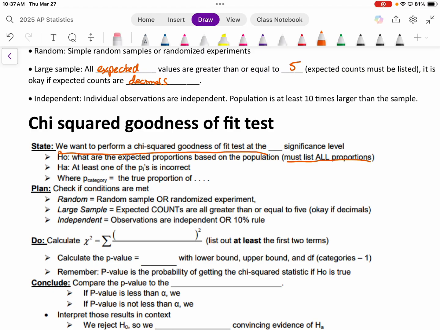In our alternative hypothesis, we don't have to use greater than, less than, or not equal to symbols. We actually say that at least two of those proportions are incorrect from those stated in the null hypothesis.